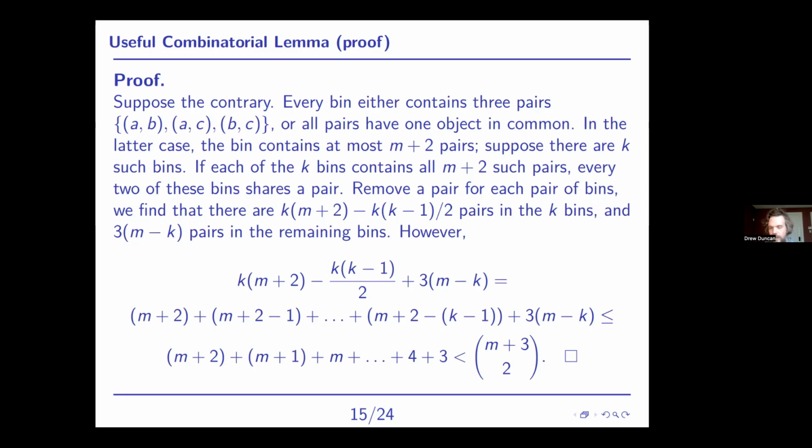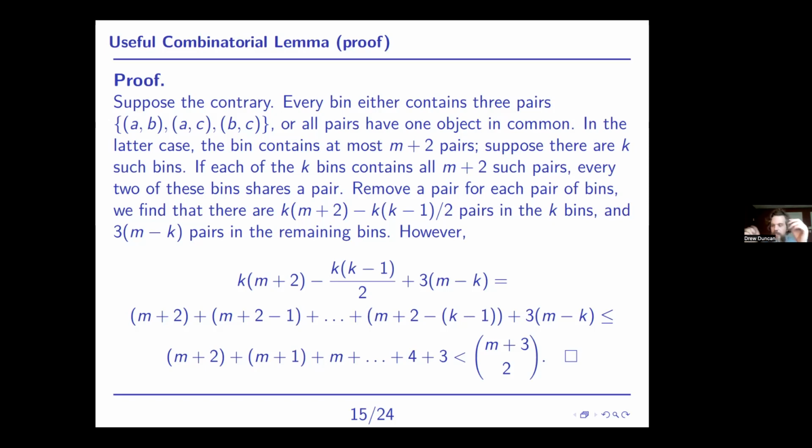You can see that obviously. Suppose there are k such bins, and if all of these k bins contain that many pairs, all m plus 2 possible pairs, then for any 2 of these bins, some pair is shared between both of those bins. Right? There's a bin that has object A in common and a bin that has object B in common.